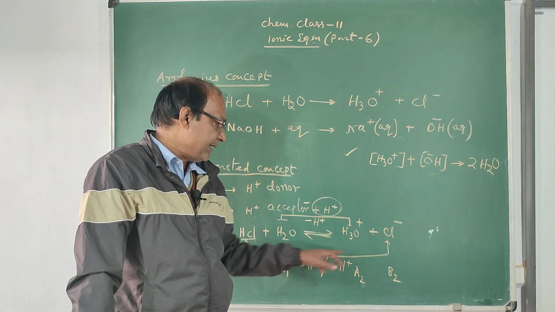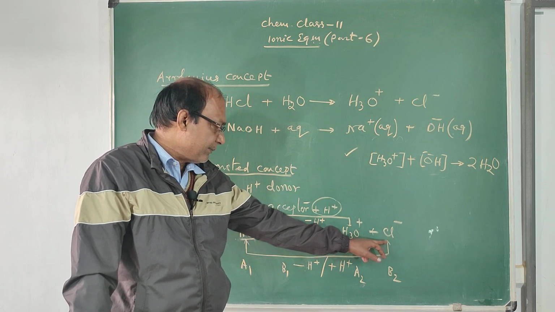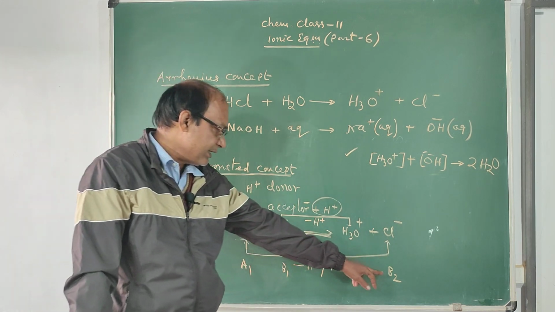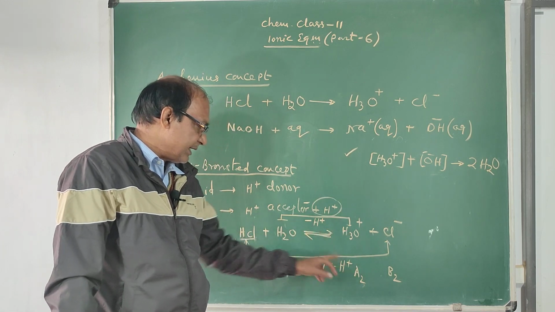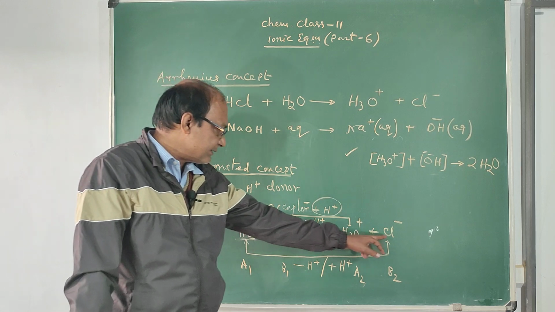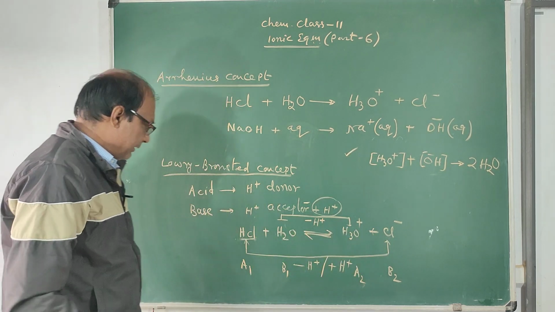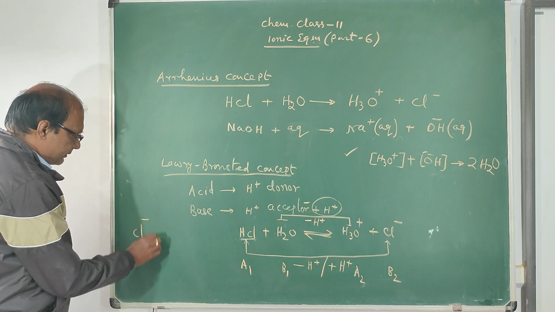And from that side, if you see Cl- and H3O+, Cl- is a base and H3O+ is an acid. You can say that Cl- is the conjugate base of the acid HCl.